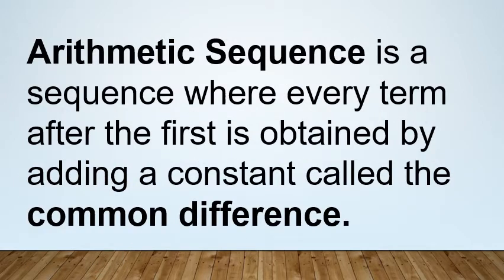So, ang pattern na to, or yung sequence ng ipinakita kong mga pattern, ay tinatawag na arithmetic sequence. Arithmetic sequence is a sequence where every term after the first term is obtained by adding a constant called the common difference.